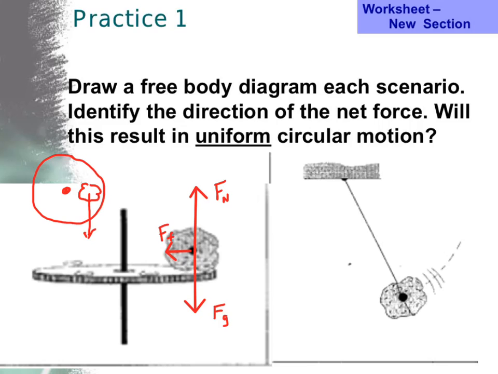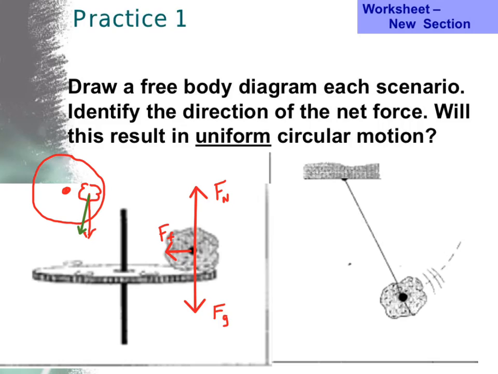The thing, though, is that the disk, after a short moment of time, is actually going to have a velocity that is going to change just the slightest bit from the rock's velocity.